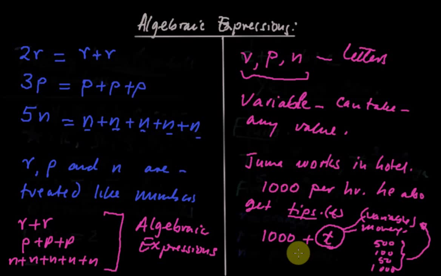We have peak hours, for example during the afternoon when people are going to eat a lot, but sometimes, between 3 and 4, people are not going to eat, so the amount of the tip will decrease. So that is all about the algebraic expression and variable.